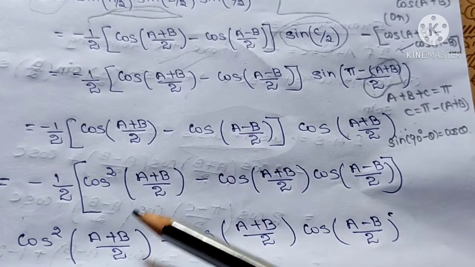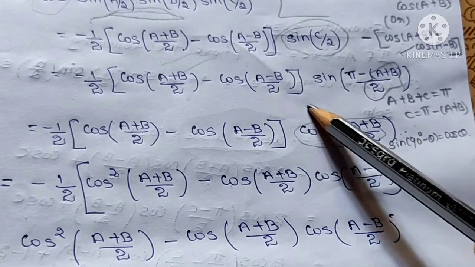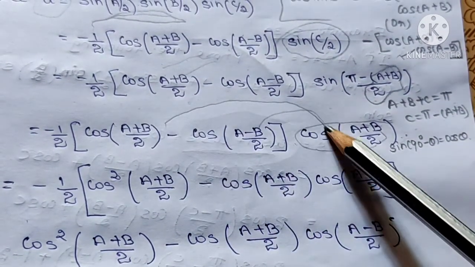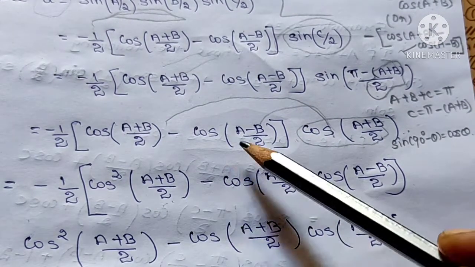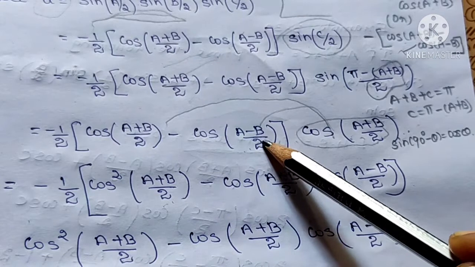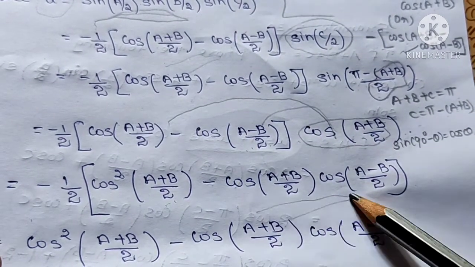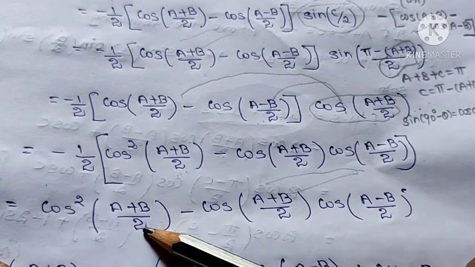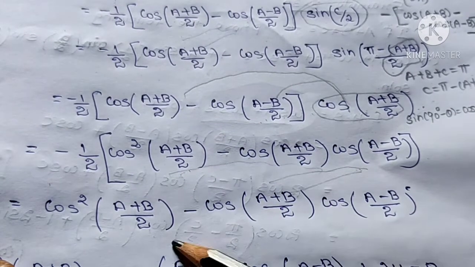Then minus 1 by 2 into, you take this cos a plus b by 2 inside. So you find out the product of cos a plus b by 2 into cos a plus b by 2, which is cos square a plus b by 2 minus cos a minus b by 2 into cos a plus b by 2, we get the same result. Okay. Now cos square a plus b by 2, then minus, you write the bracket inside terms.